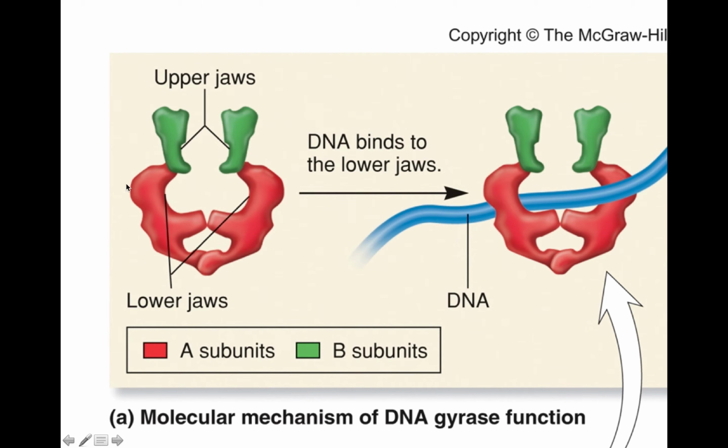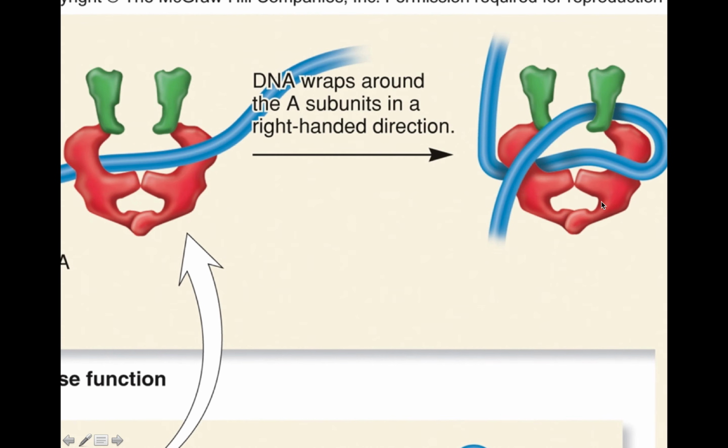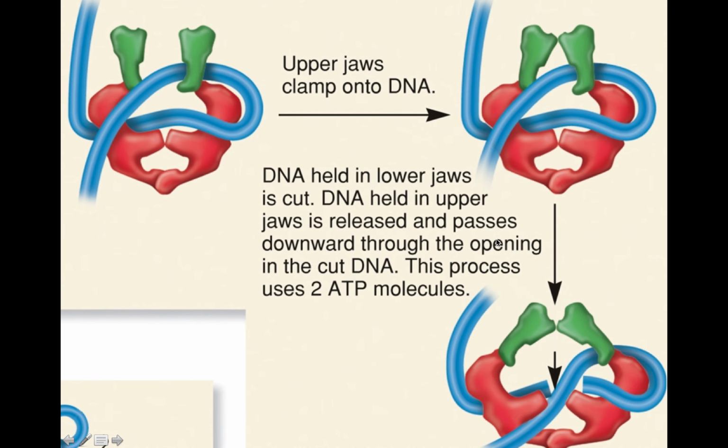DNA binds into this groove here in the lower jaws, in the A subunit, and then loops around and comes back out through, just like this. DNA gyrase then cuts the DNA on the bottom strand here.